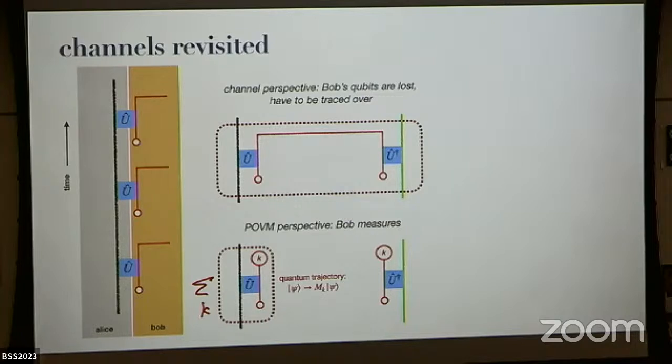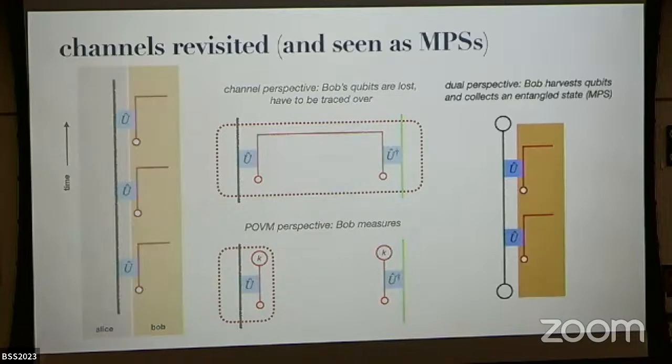Now, there's a third perspective on this, which is that Bob collects the radiation coming out of this open system. Each time Alice and Bob interact, the qubit flies out, and Bob collects it and holds it in a safe for later use. Let's say that Alice started out in some initial state and finished in some particular state.